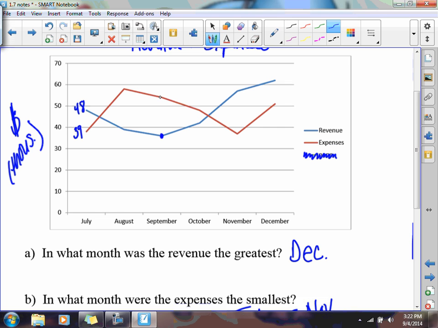And up here for expenses, uh-oh, their expenses are above their revenue. So right about there, that might be 55, maybe. Okay, so let's just say that this value again is 39. Let's just say that value is 55. Again, it could be open for a little bit of interpretation.